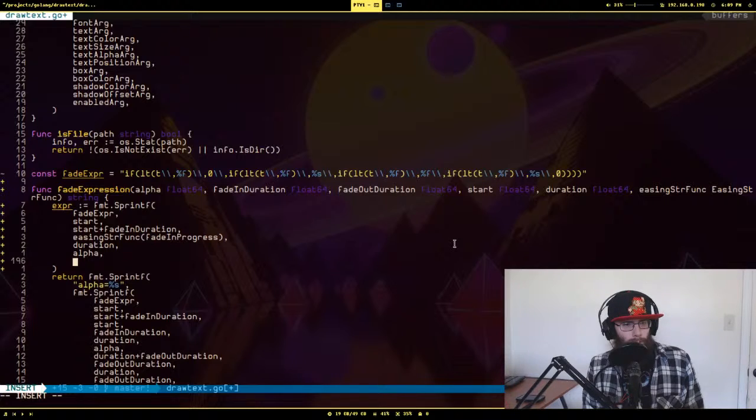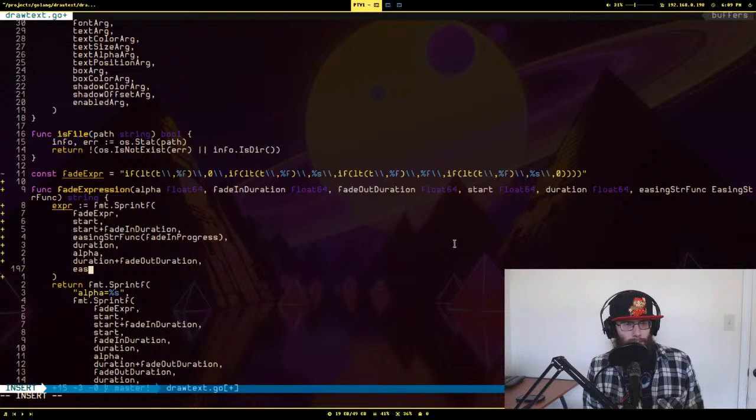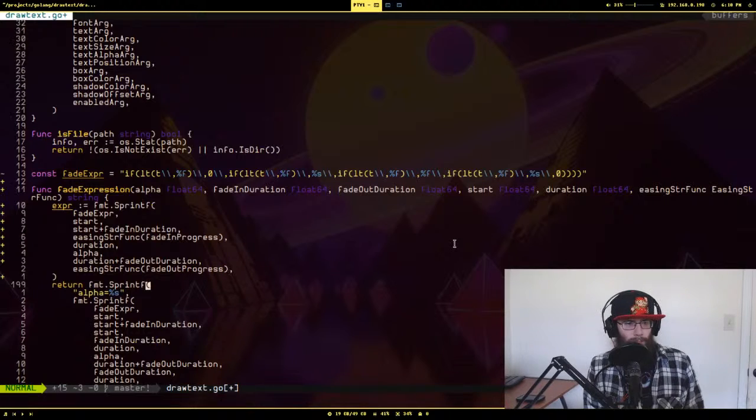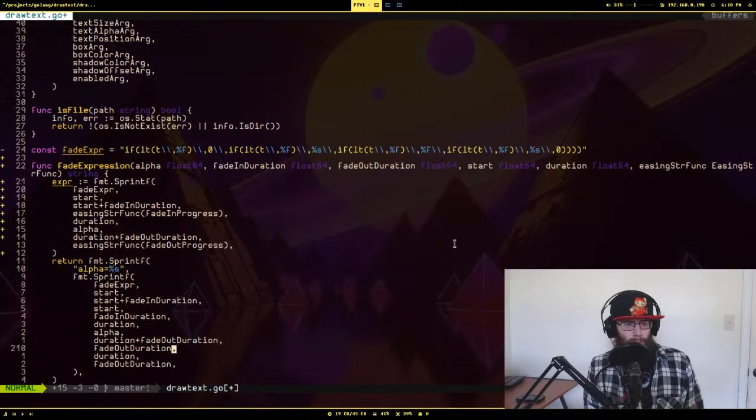Okay. I think this is duration plus fade out duration. And then that would be the next part of the equation. So this would be easing string func with a fade out progress. I think that's it.